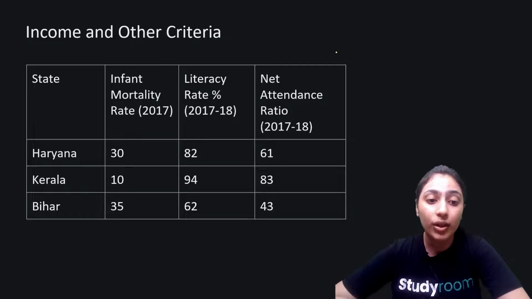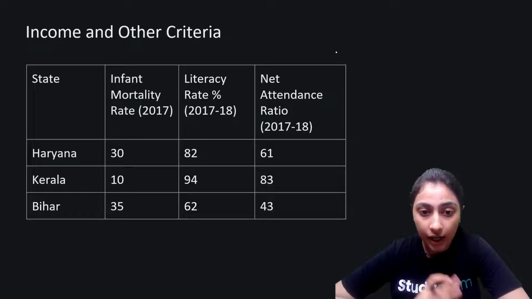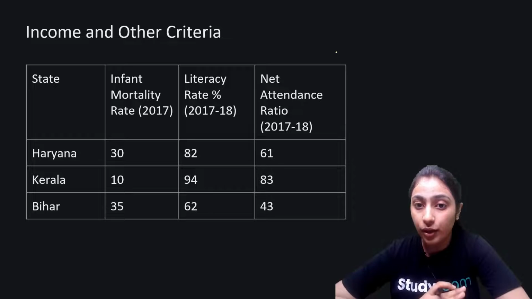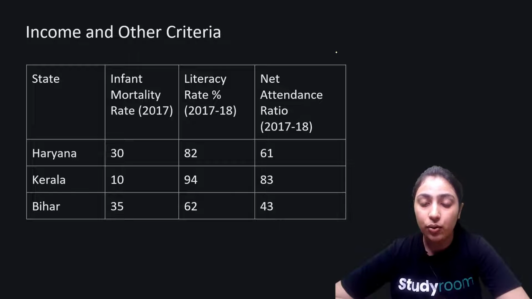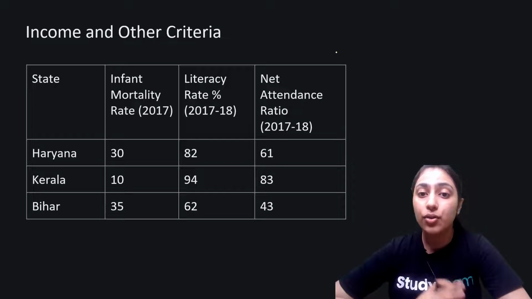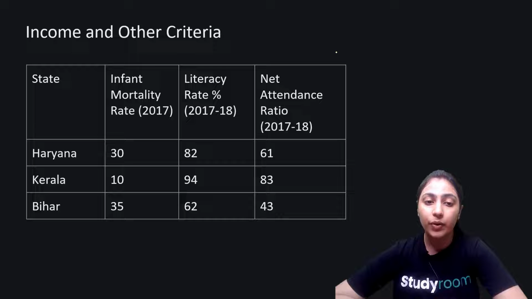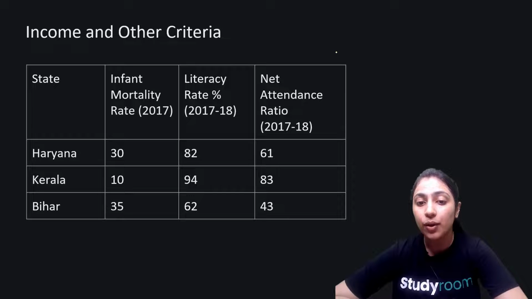So infant mortality rate is 30. Literacy rate is 82. That means 82% of the people living in Haryana are literate. Net attendance ratio, that means children between the age of 14 to 15 who are going to school, is 61.